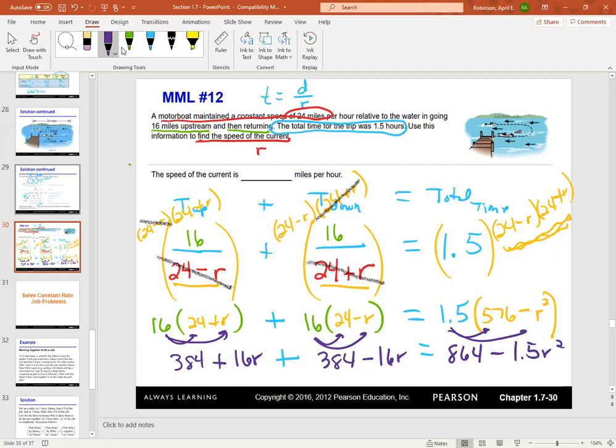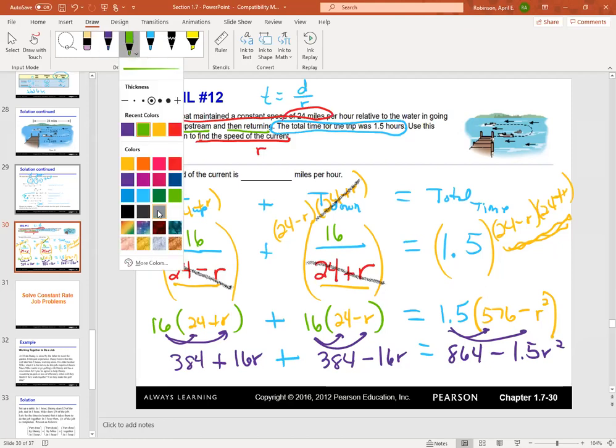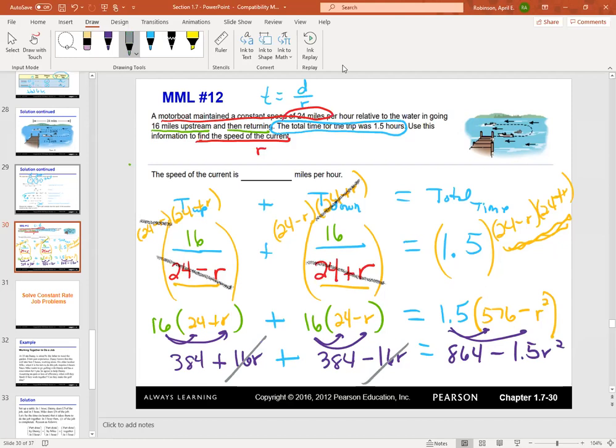Now, on the left, my 16r squareds, they're going to cancel out. That guy's going to cancel that guy. And I'm going to combine the 384 and the 384. Sorry, I didn't have this one worked out ahead of time.